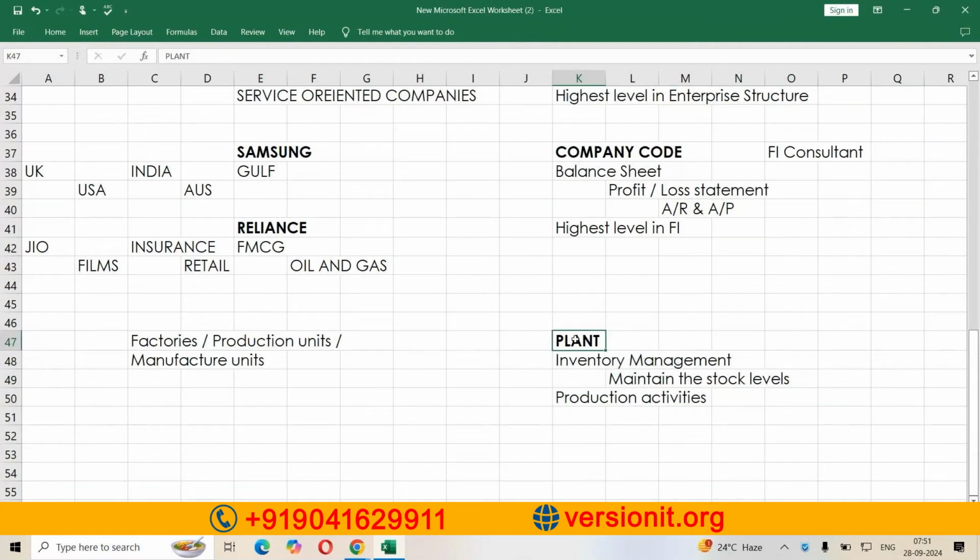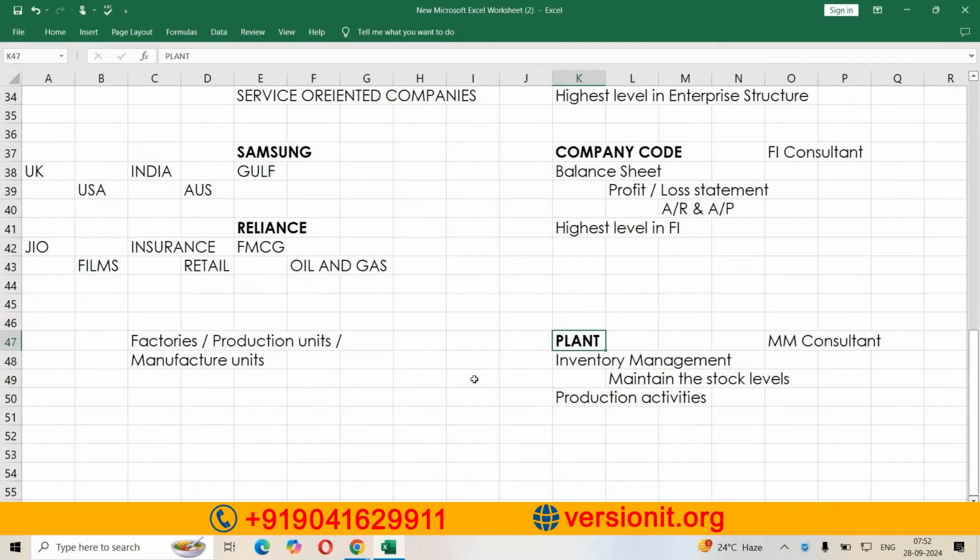And this plant creation is going to be part of the consultant job role. If a company has 4 plants situated at different locations, all that plant creation is going to be taken care of by the department on the SAP platform. So please remember, factories, production units, manufacturing units, we map as plant in SAP.